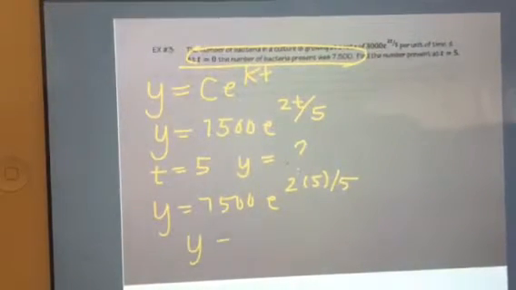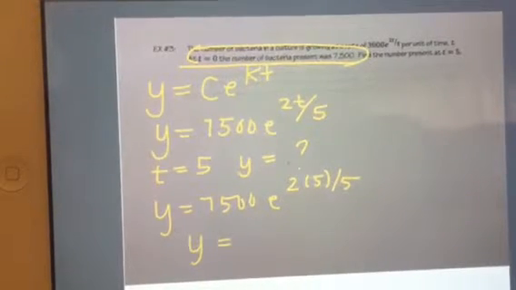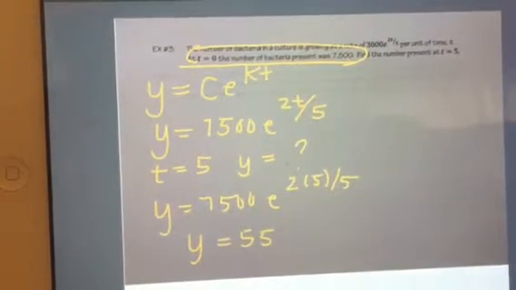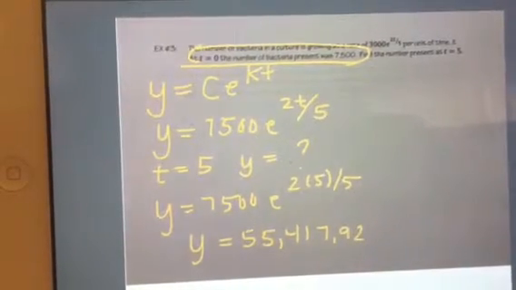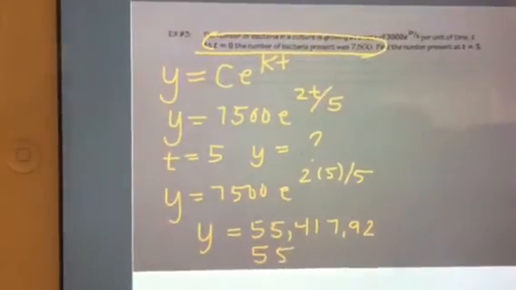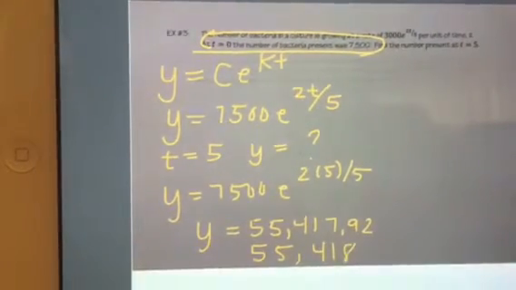Substitute this into the calculator and you get 55,417.92, which will round off to 55,418.